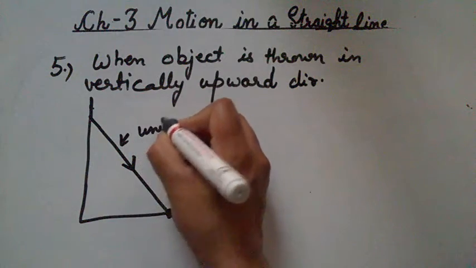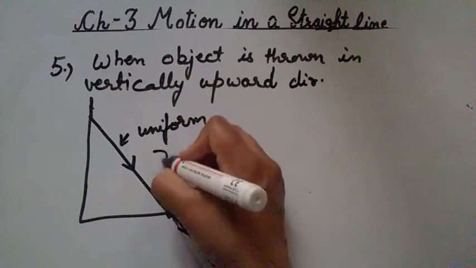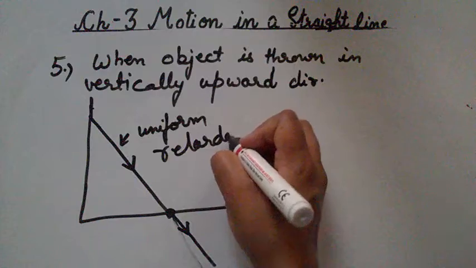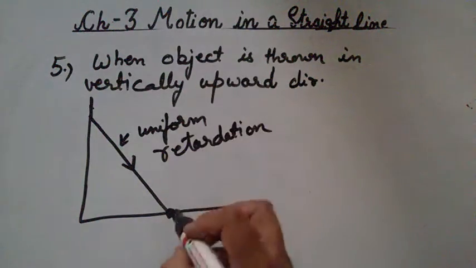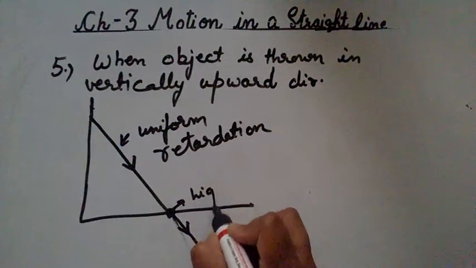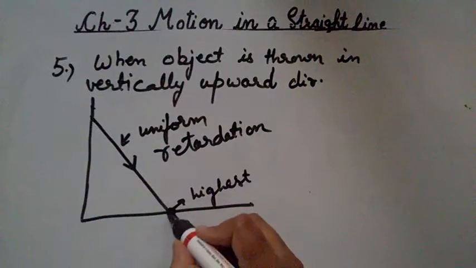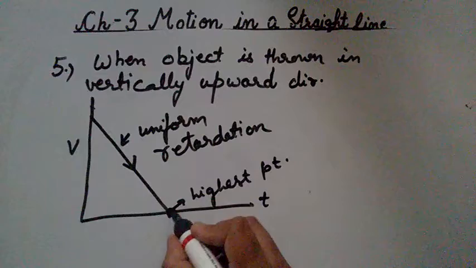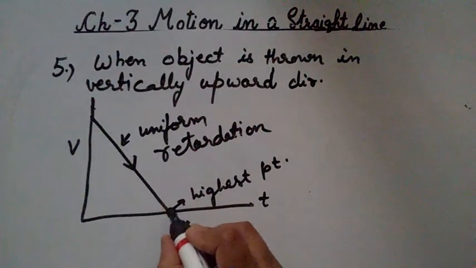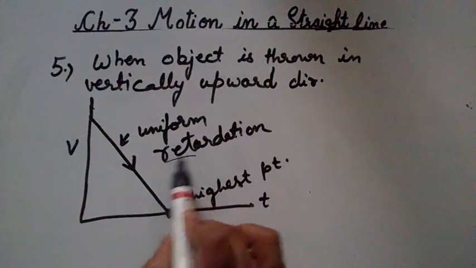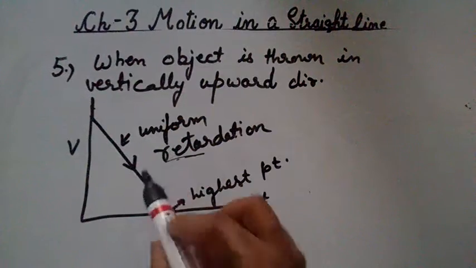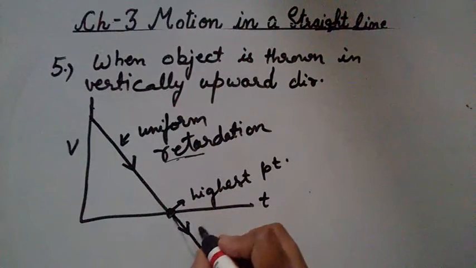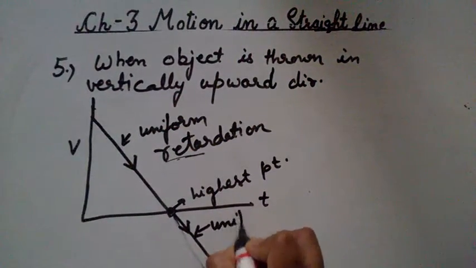Uniform retardation, this is a peak point, highest point where the velocity is 0. After reaching at the highest point, the direction of retardation or acceleration will reverse. So it is uniform acceleration.